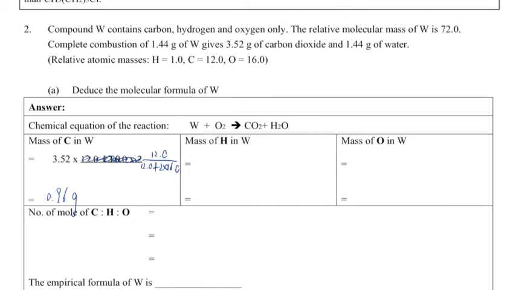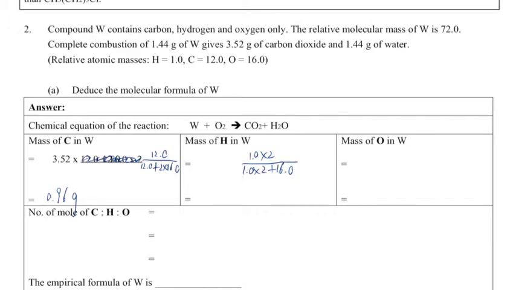We use the same principle to work out the mass of hydrogen. The percentage by mass of hydrogen in water is 1.0 times 2, since there are 2 hydrogen atoms, over the total molar mass, 1.0 times 2 plus 16.